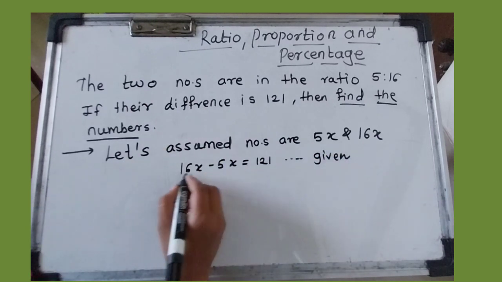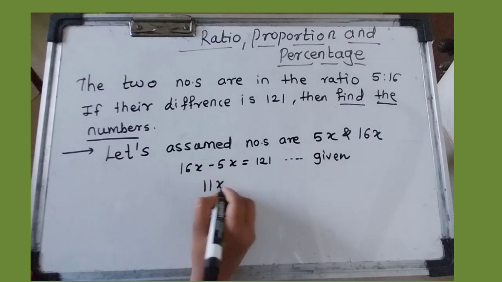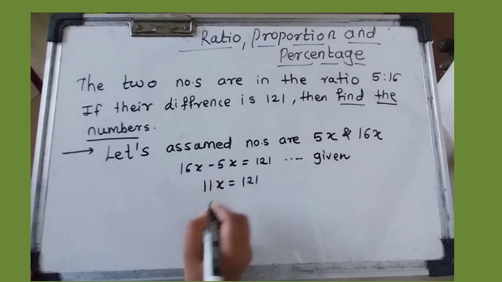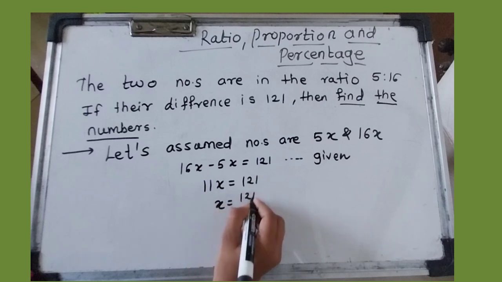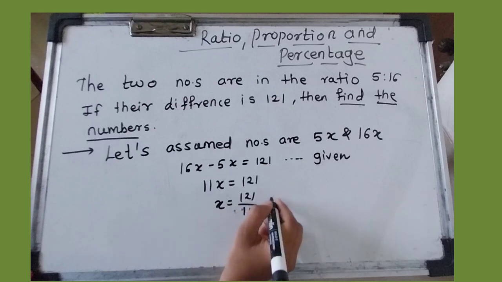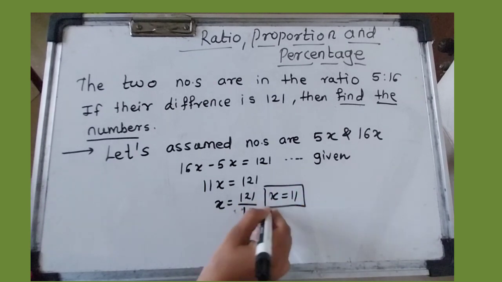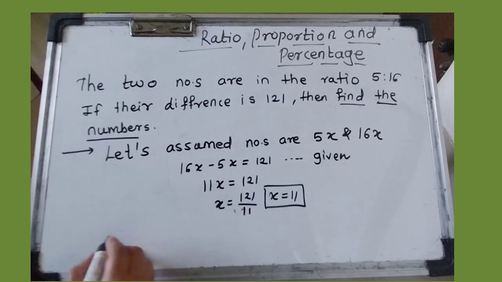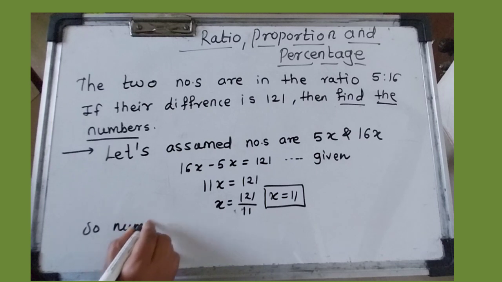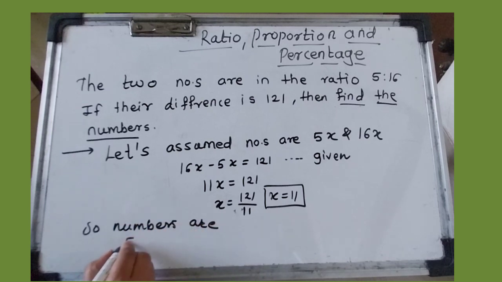16 minus 5, it is 11. 11x equal to 11, so x equal to 11 upon 11, so x is 1. Clear? So the numbers are, what we assumed, 5x.